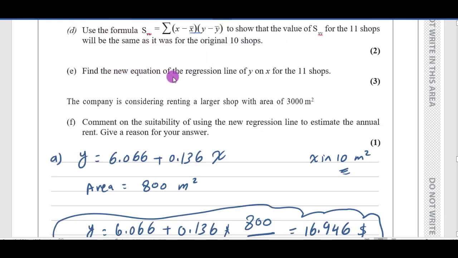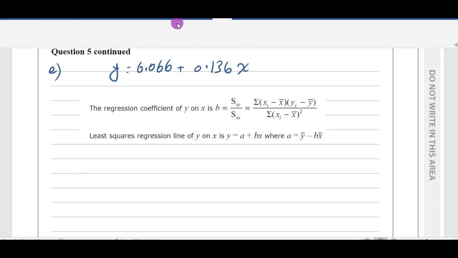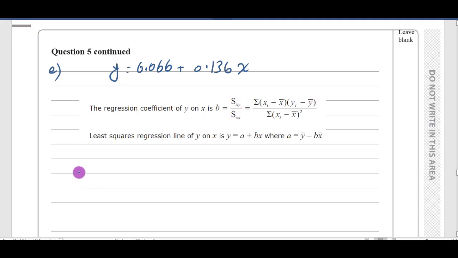Okay, now find the new equation of the regression line of y on x for the 11 shops. We have the SXY and the SXX is the same, so B will be the same. Now we need A. To find A, we need y bar.